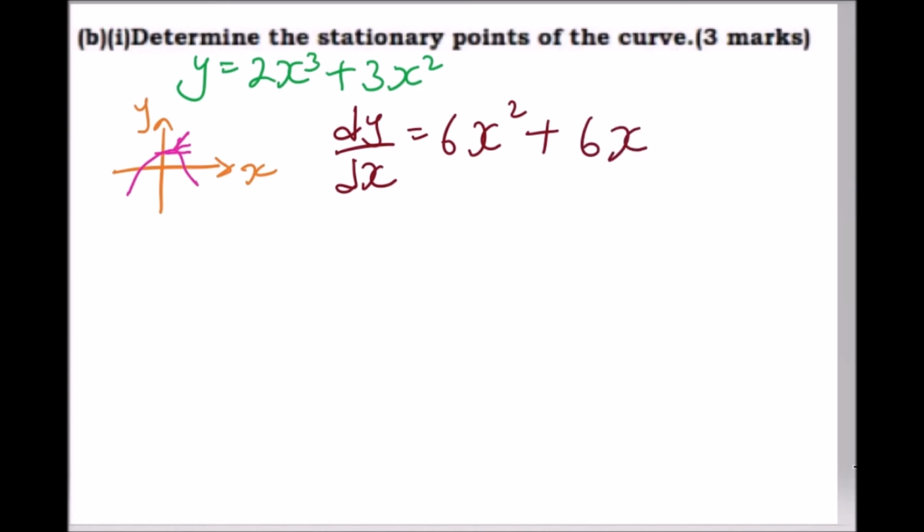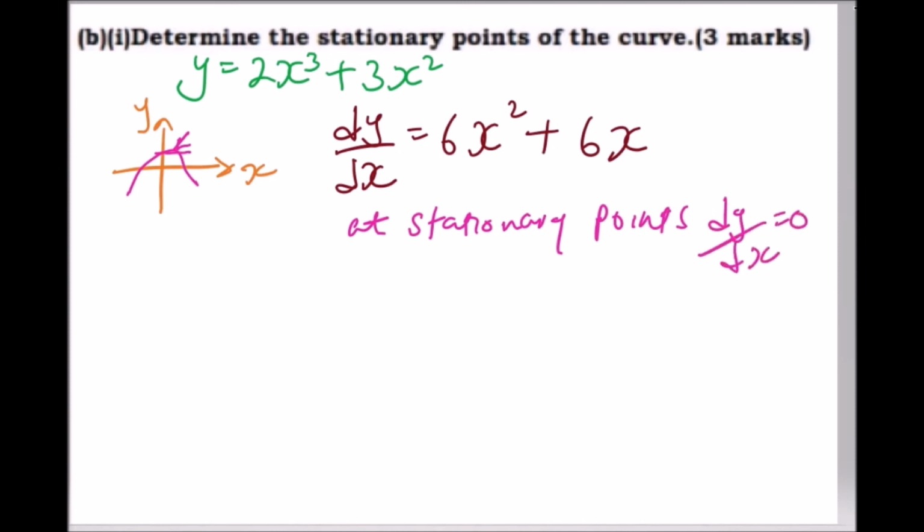So since this is a gradient, it means that at a stationary point, dy over dx equals 0.